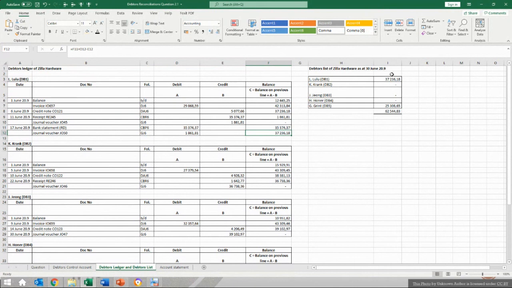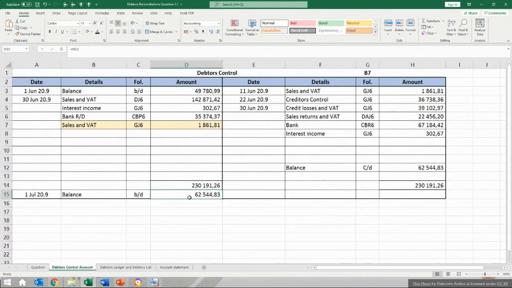You show all 5 debtors, and that balance agrees to what their statement balance would be to get to the total amount at the end of the month. Now that amount here, the 62,544, agrees back to the 62,544. Then you know that you've reconciled it appropriately and that everything has been captured.